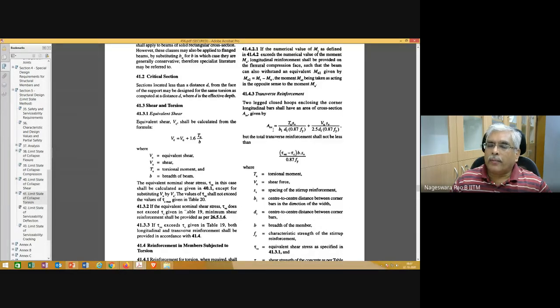So there are some geometric dimensions that are required here. That is B1 and D1. B1 is the center to center distance between corner bars in the direction of width, and D1 is the center to center distance between corner bars in the direction of depth.